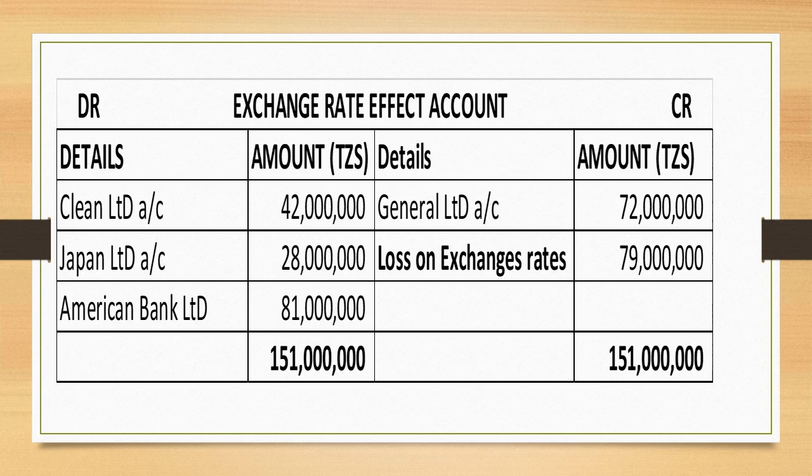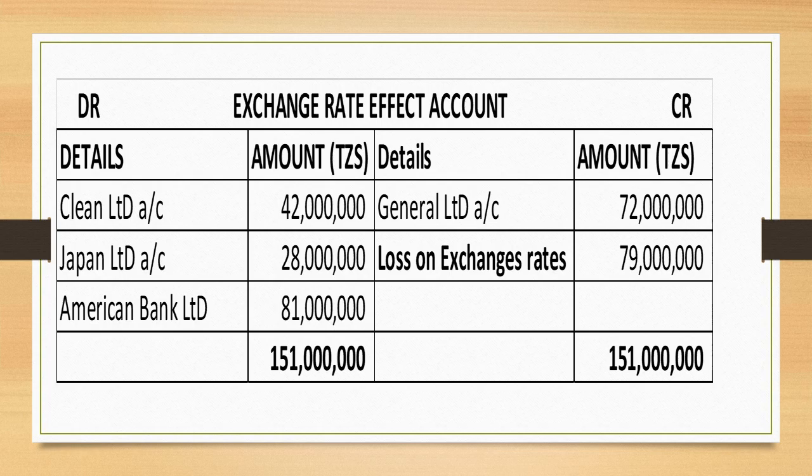But General Limited's account will result in a profit on exchange rate of 72 million. So in total, that will end up as an exchange rate loss of 79 million. So that is alternative 1.